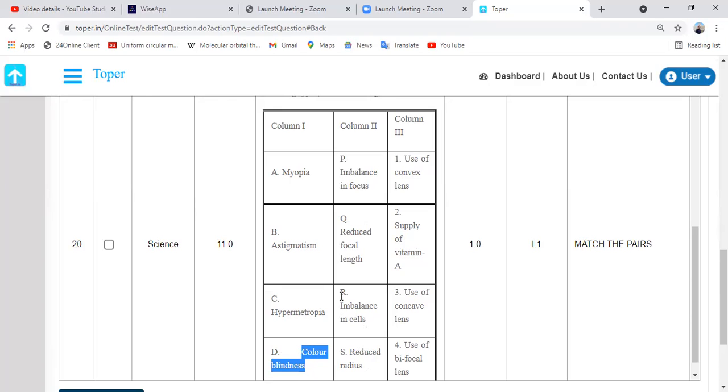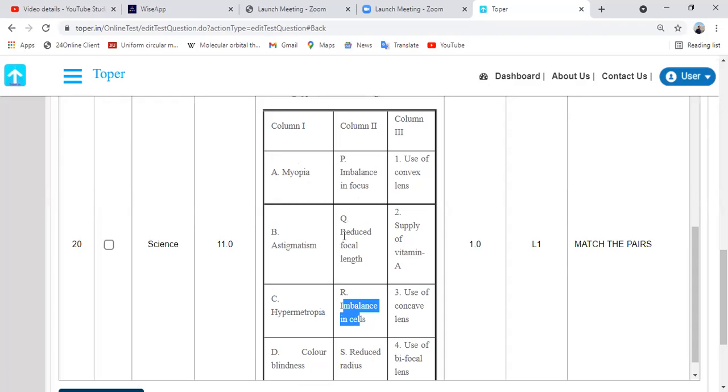So DR and use of bifocal lens, no; use of convex lens, no; use of vitamin A, yes. DR2 first. D is done, then R is done, and 2 is out. Sir, we can get the answer from one end, right? If we get B or 2, then we can match the option. So myopia, reduce the focal length.